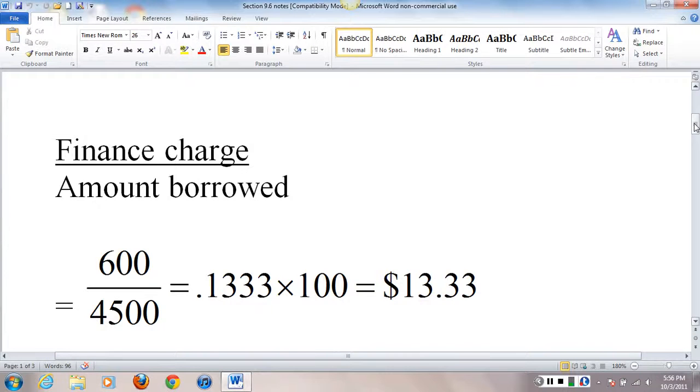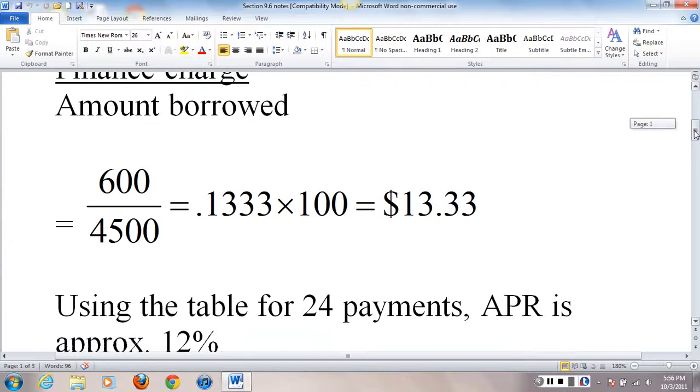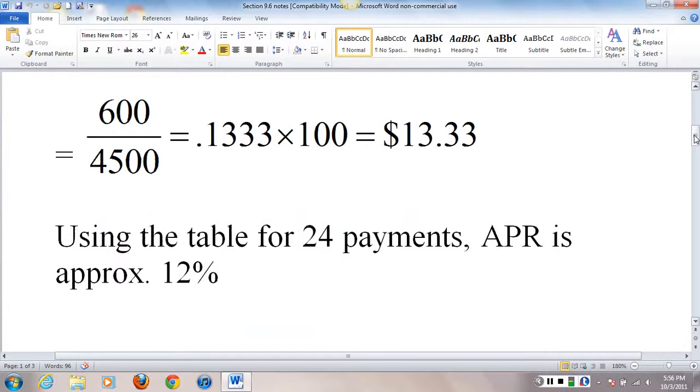Using the chart again on page 440, we approximate where is the closest that it comes to. In that row of 24 payments, what's the closest amount given to 13.33? And it's about 12.89. Which, if you go straight up, you see corresponds to approximately a 12% APR.